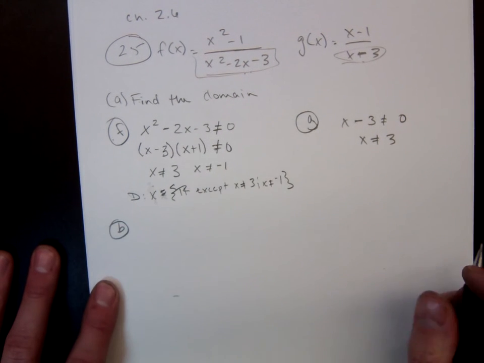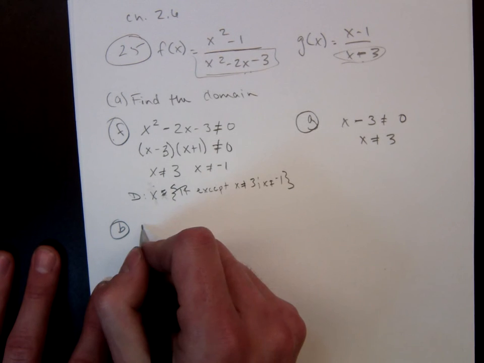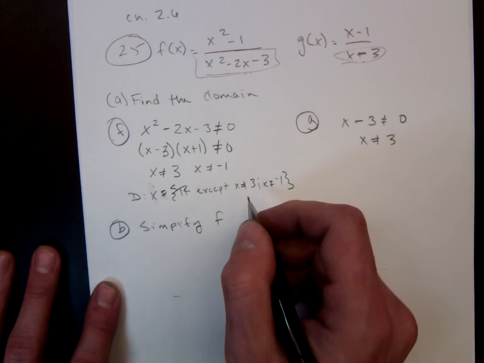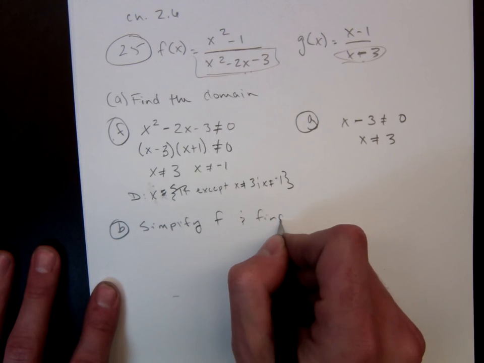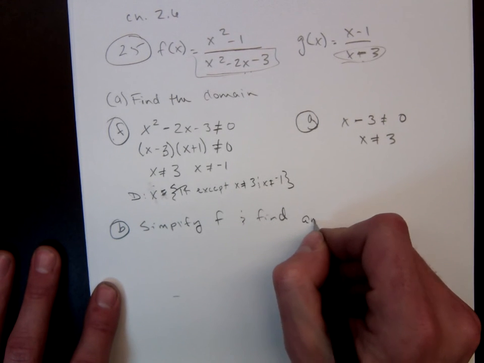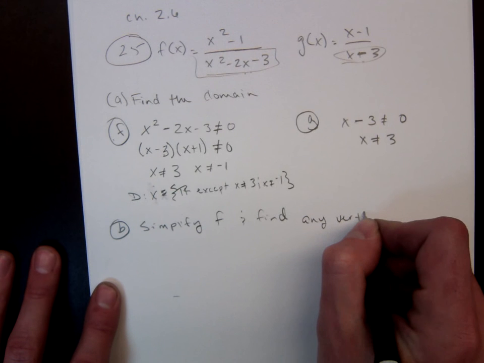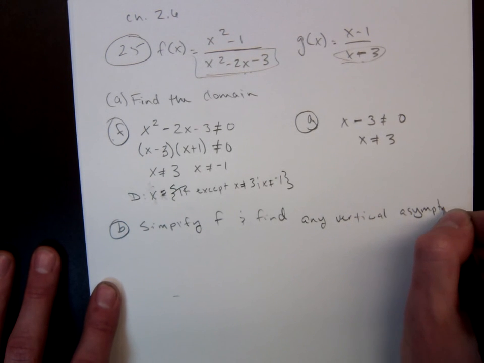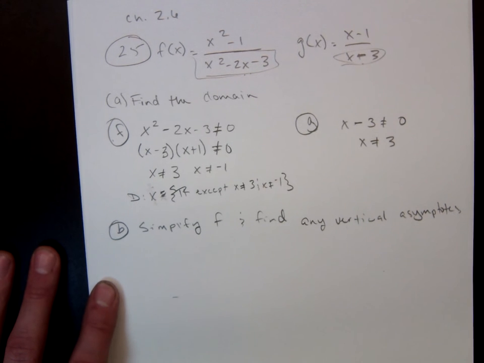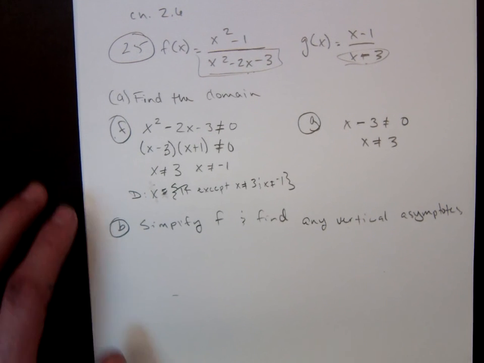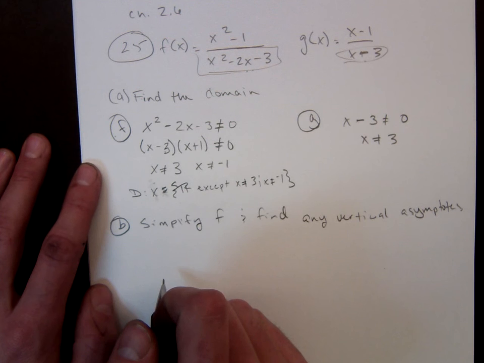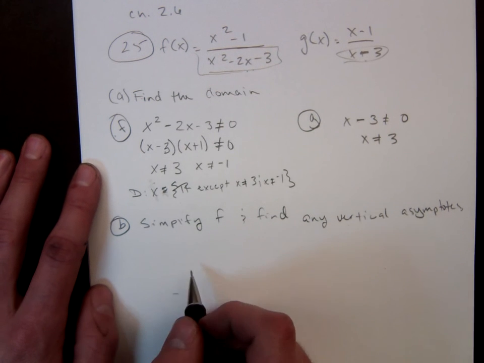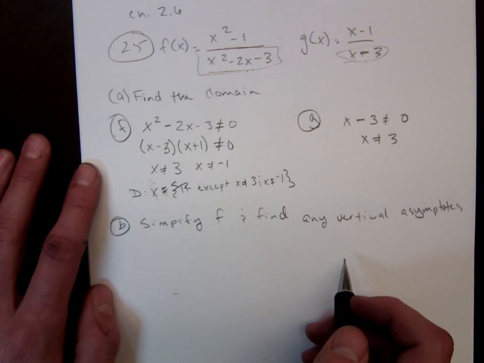Well, for b, they say to go ahead and simplify f and find any vertical asymptotes. As we recalled from the notes, vertical asymptotes happen when our graph does not exist, or in other words, when our denominator is 0.